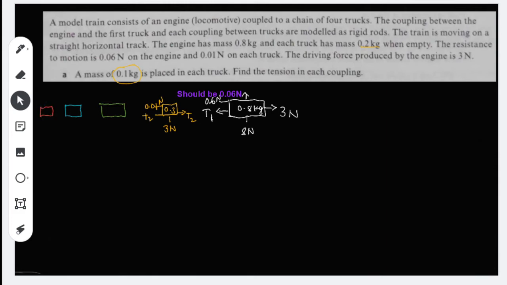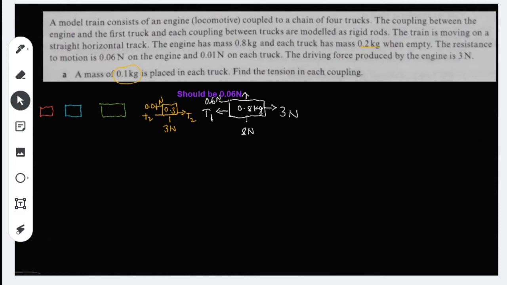Basically, all the information here on the 4 trucks will be the same, because based on the problem, each of them, when empty, has a mass of 0.2 kilograms. In addition to that, they will have an additional mass of 0.1 kilograms. So we can just copy this based on the first one.